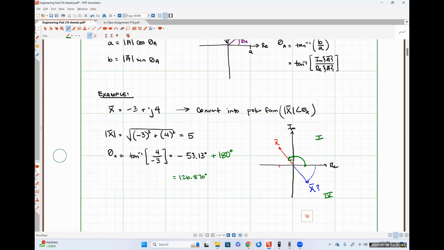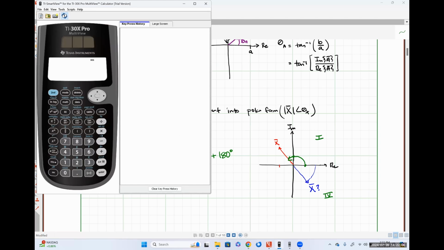So that's what I want us to learn how to do next, is simply to use our calculator to convert between a rectangular form complex number and a polar form complex number, and vice versa. So I'm going to start with the TI. So hopefully you all can see a picture.